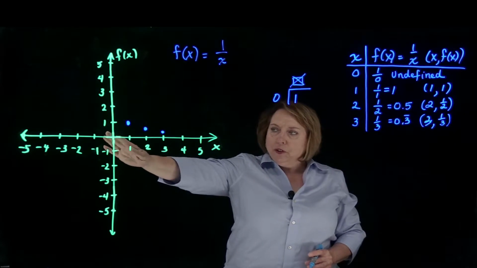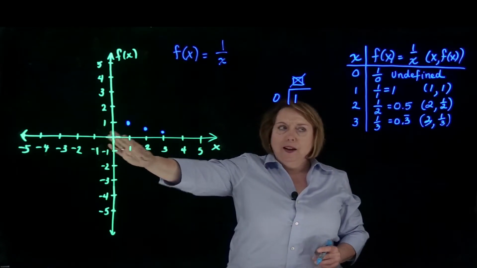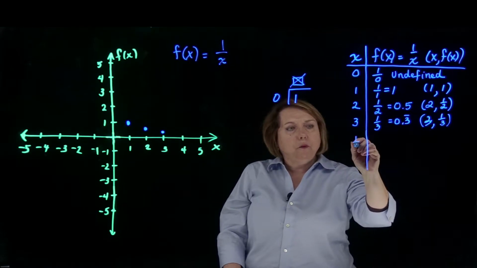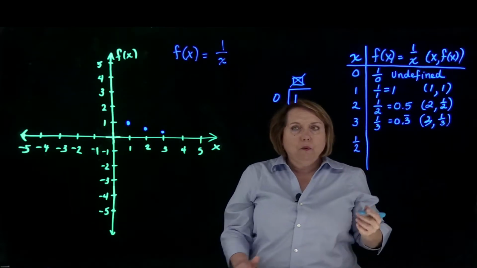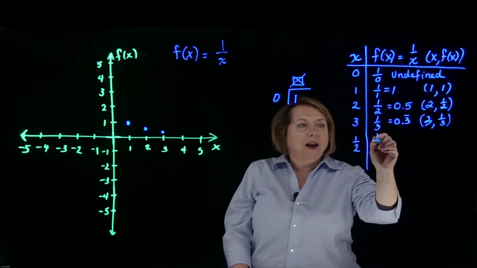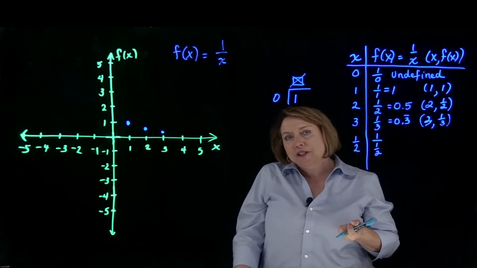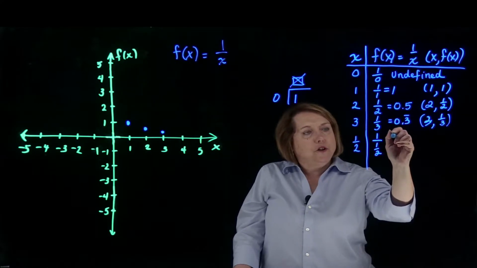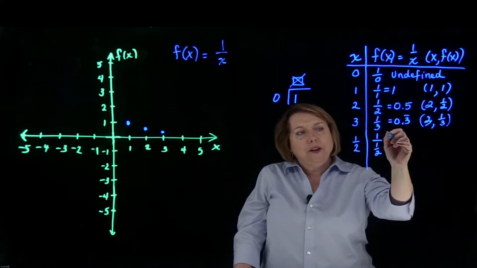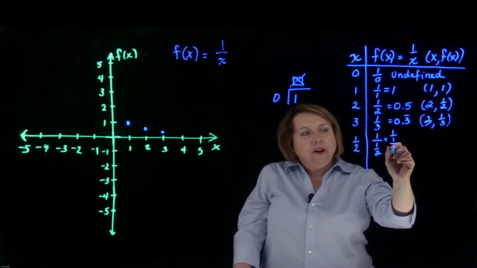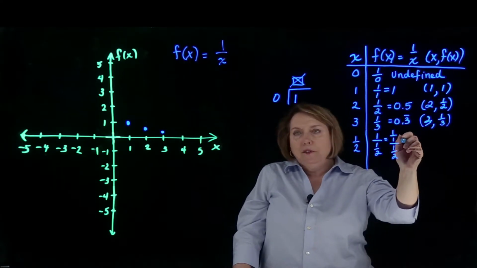We have to choose a value between 0 and 1. Let's choose 1/2. Let's let x be equal to 1/2. And then what do we have here? 1 divided by 1/2. Well, do you remember how to divide fractions? You have to take the numerator, which is 1, or you could think of it as 1 over 1, and you're going to multiply by the reciprocal of the denominator.